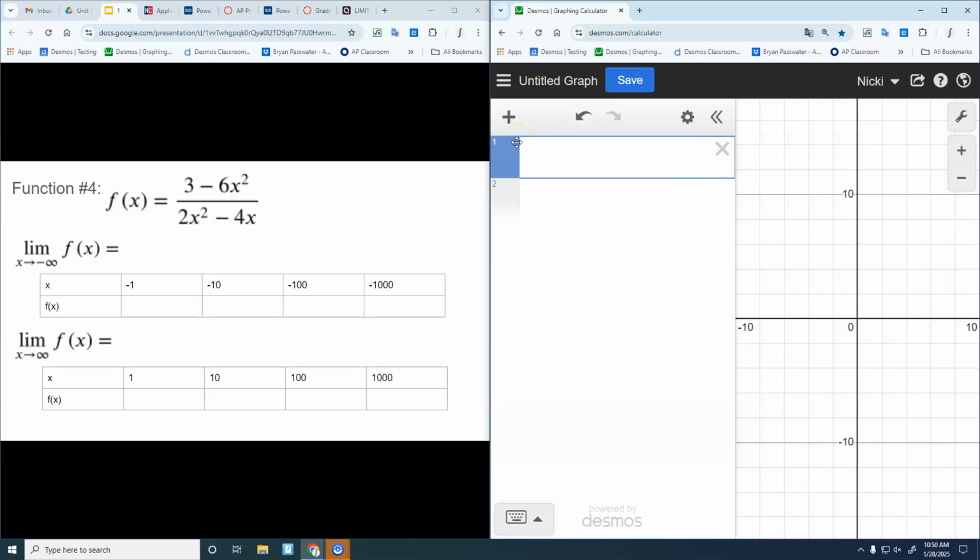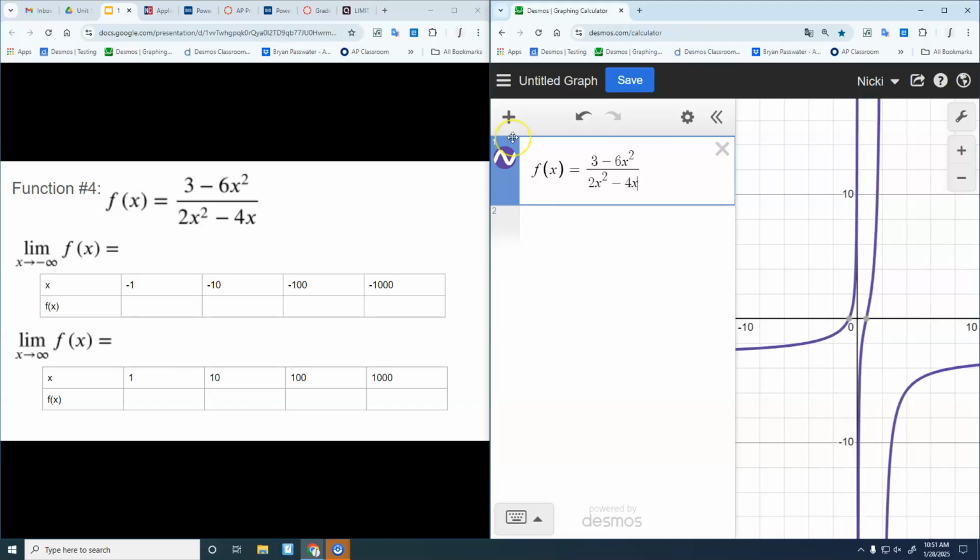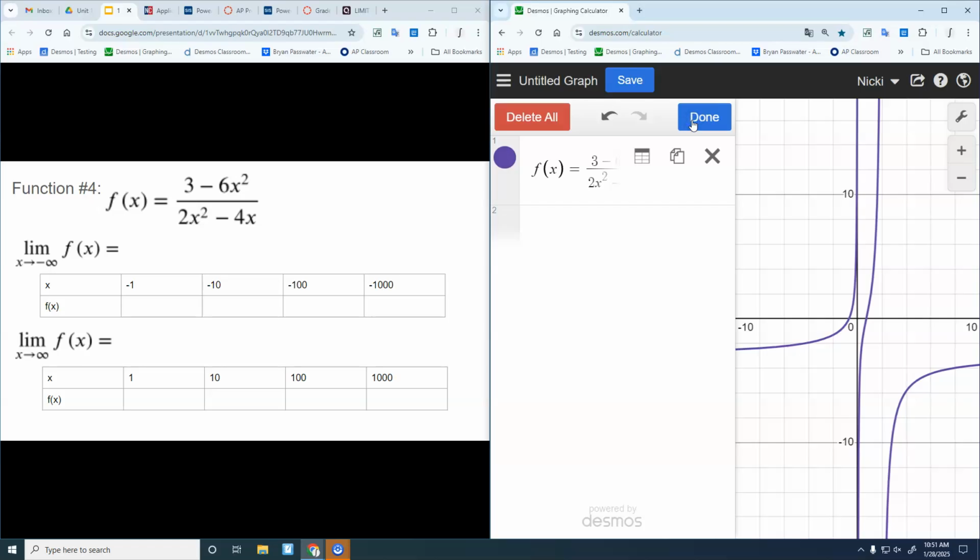If you're wanting a table, f of x equals 3 minus 6x squared over 2x squared minus 4x. Hold on a second.